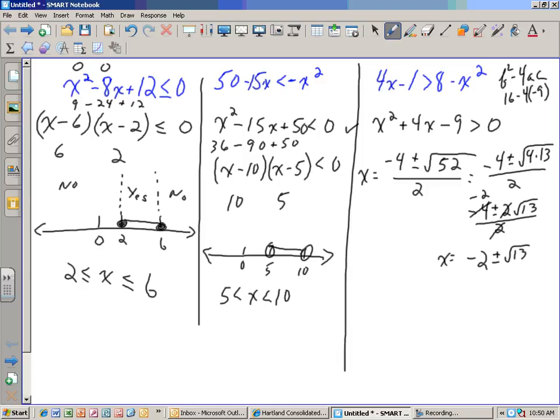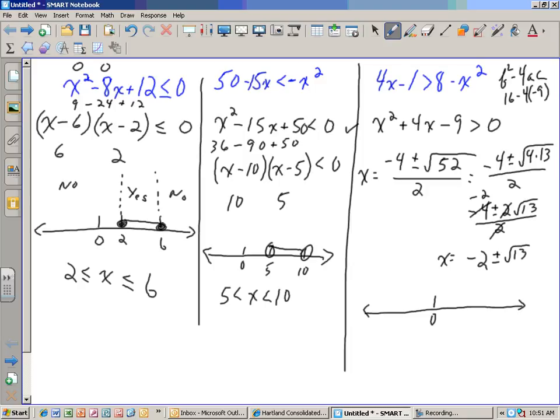Okay. I'm going to draw my number line. Here's 0. Okay, so let's guess where these are at. What about the square root of 13? It's going to be somewhere between 3 and 4, right? So if I put negative 2 plus 3 point something, will that give me a positive value?